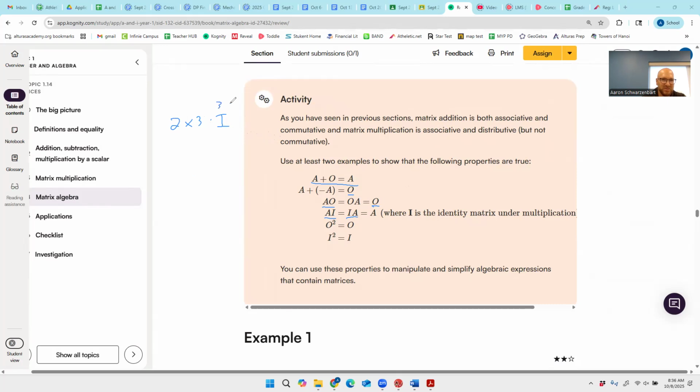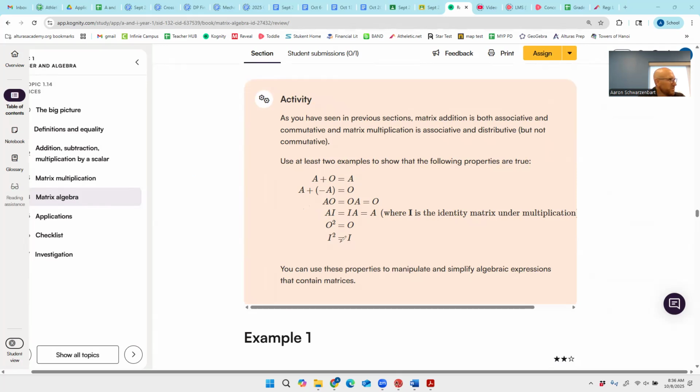This has to be 3 by 3. We don't really multiply identity matrices by anything that's not a square matrix. So A pretty much has to be a square matrix for this. The zero matrix squared is still zero.